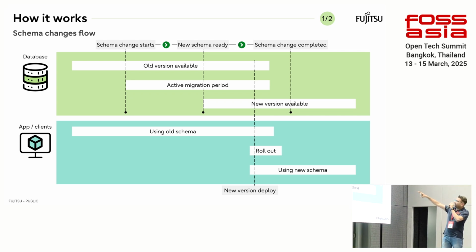During the rollout phase, you can see that the older version is still available and the new version is also available. Once the rollout phase completes successfully and we finalize all the database schema changes, the older version is no longer available for use in the database as well as for the application. So only the new version is going to be used after finalizing the changes.